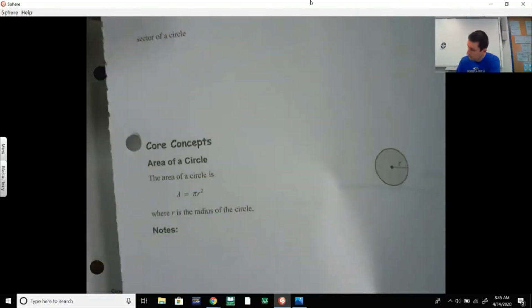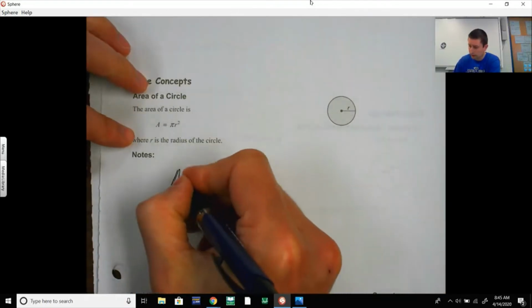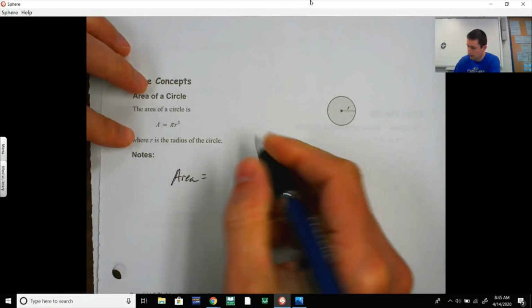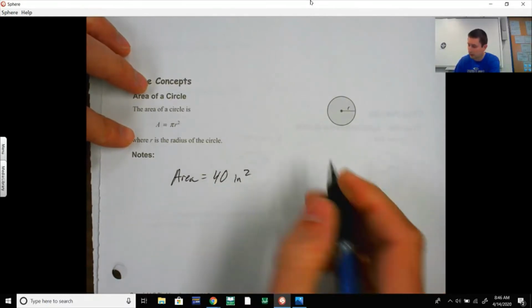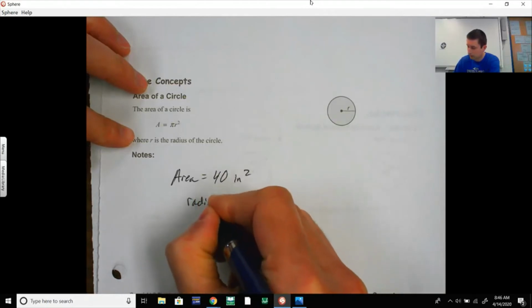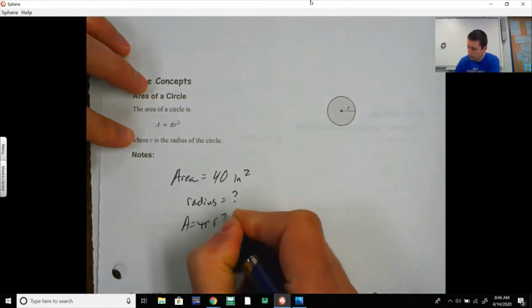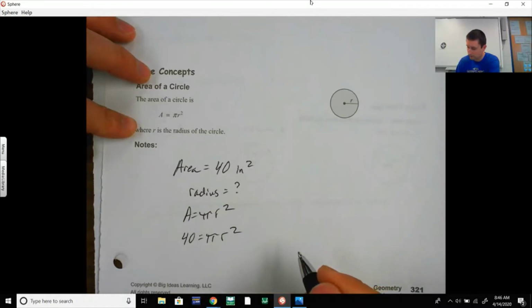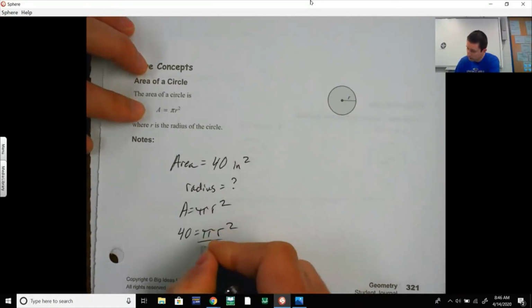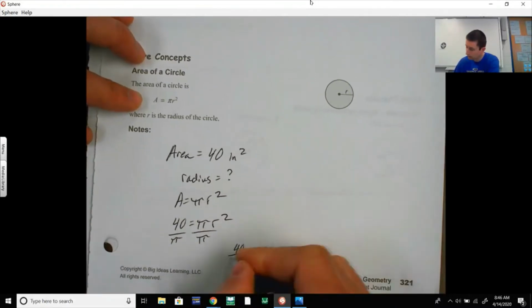The other thing is, if you're looking for the radius, remember you'll have to use a square root. So let's say you have a circle whose area is 40 square inches, and they want the radius. So if area equals pi r squared, 40 has to equal pi r squared. Divide by pi, and you get 40 over pi equals r squared, and now you square root both sides.